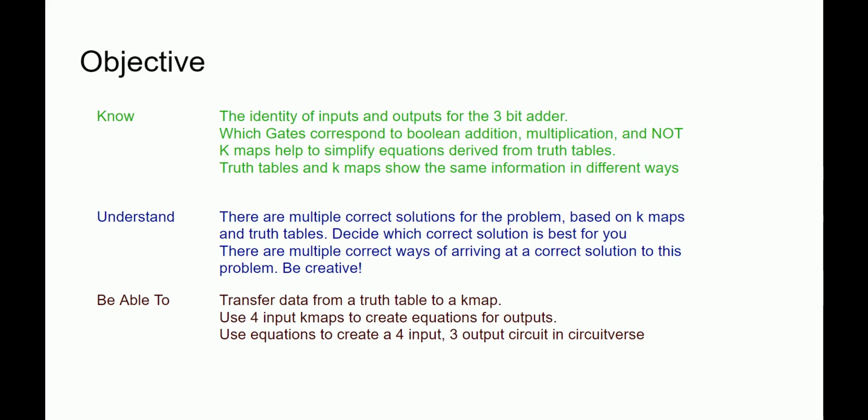You should be comfortable working with K-maps and truth tables. And you should understand that there are multiple ways to get this done. And that's part of the creativity of being an engineer, is being able to figure out which correct answer works best for you. So finally, you should have been able to produce your 3 equations.